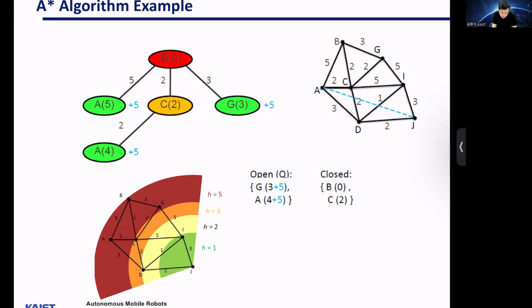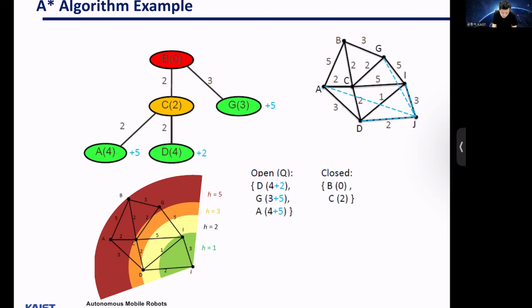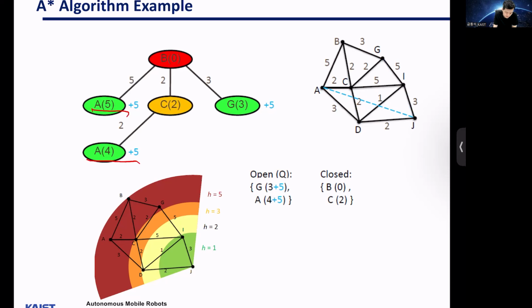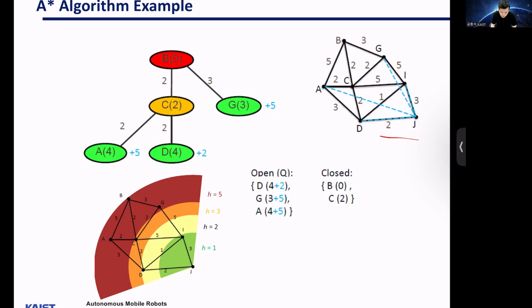And then 3. And then we're going to continue to branch out. Starting from C, we can go to A, and then A is A4 plus 5, which is better than this one. So we can remove that one. And then let's try D. D has H equals 2, so that's going to be 6.